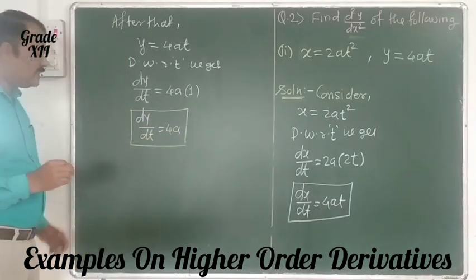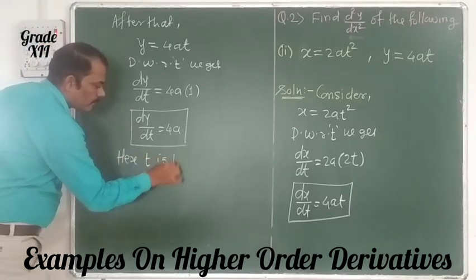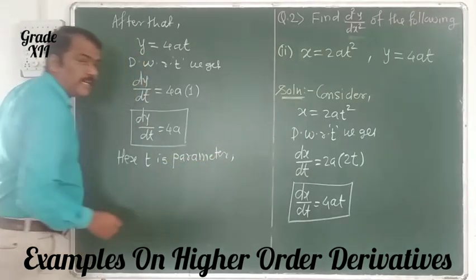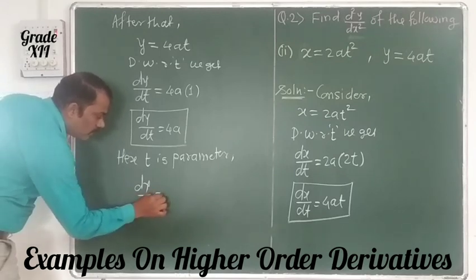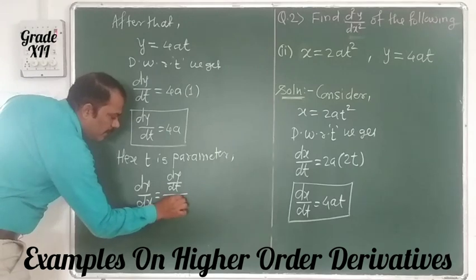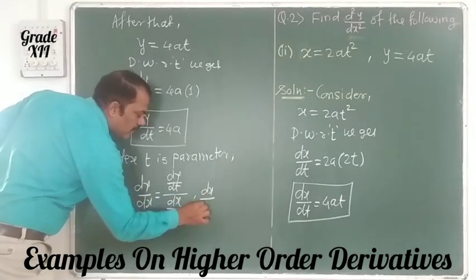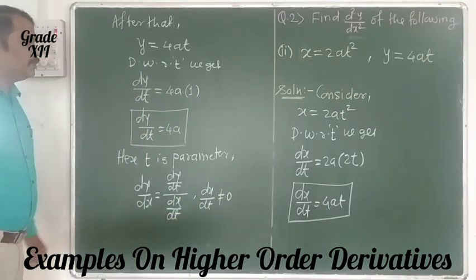Okay, here t is a parameter. So we can write dy by dx is equal to dy by dt divided by dx by dt, with the condition that dx by dt is not equal to 0.